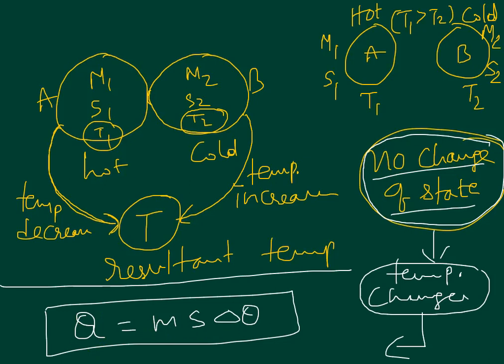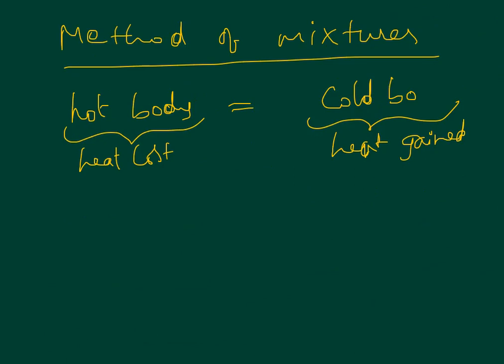Let us observe that phenomenon now. Here the hot body lost heat and the cold body gained heat. Now what can we write here? Q is equal to what? Mass M1, S1.